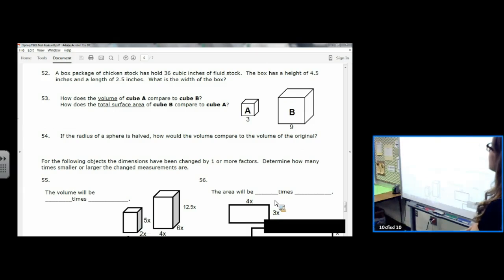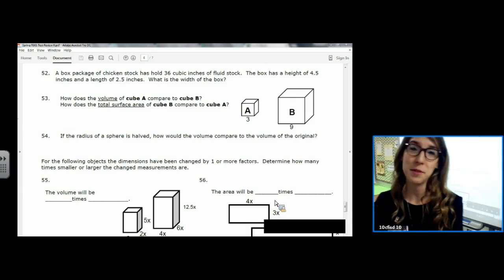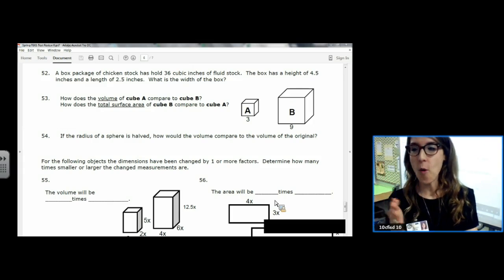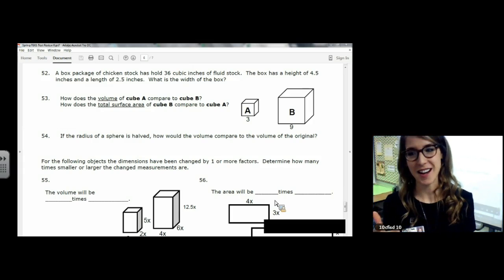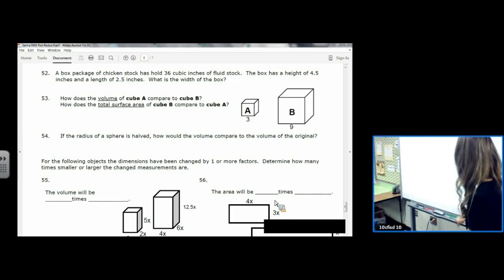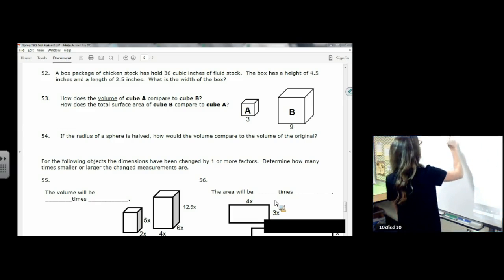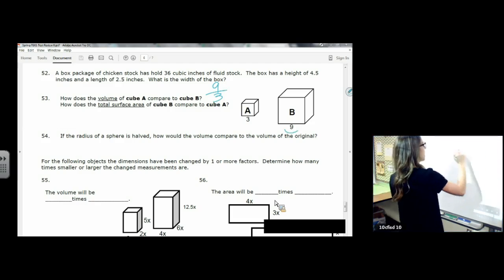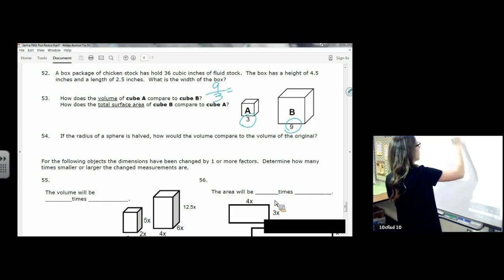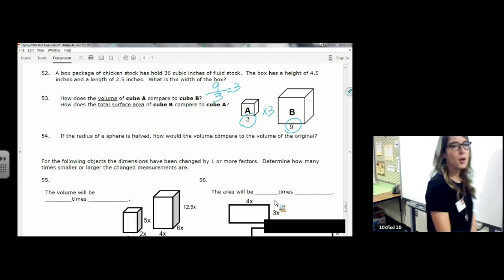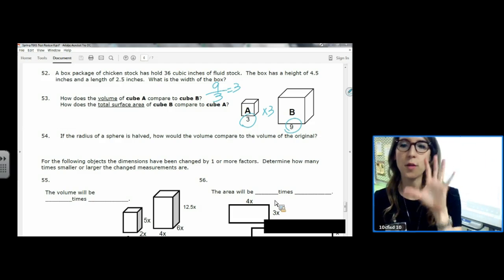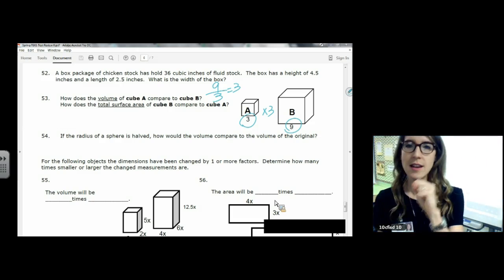53. The fabulous thing is that these are cubes, and all cubes are similar to one another. So this is proportional dimension change, which is kind of nice. Let's find the scale factor first. Scale factor, second over first. So the scale factor is 3. Those dimensions are 3 times larger.